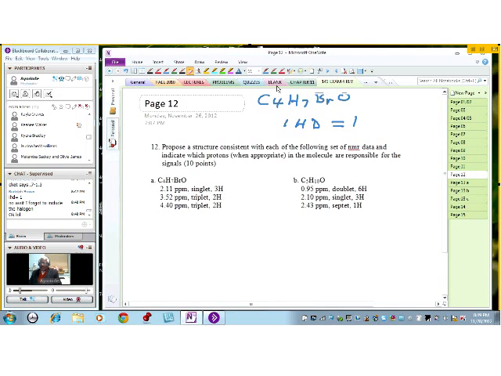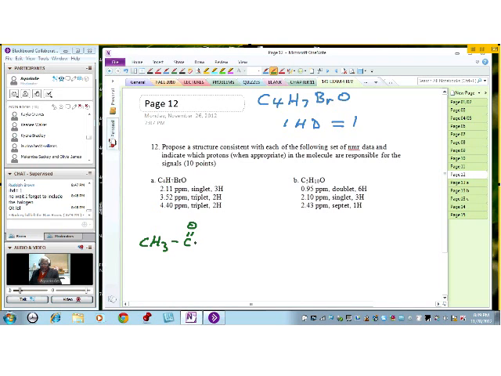I will say 2.11 singlet, 3 hydrogen. The chances are this will be this here. Okay, and that will be my index of hydrogen deficiency right here. At this point, I only have 4 carbons to go.